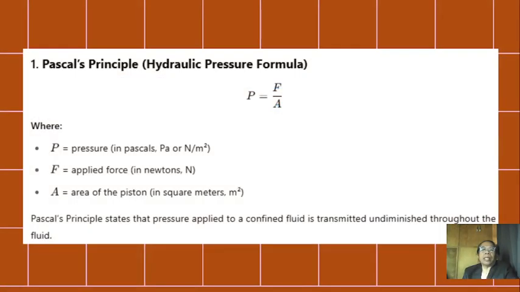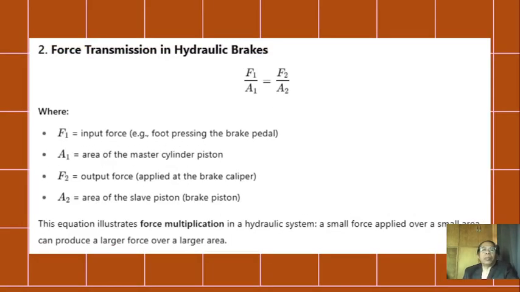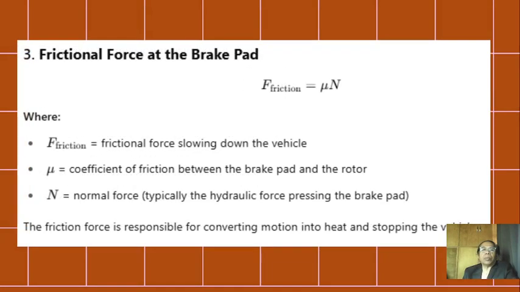Number 1, Pascal's principle: P equals F over A. That's the basic pressure formula. Number 2, pressure transmission in hydraulic brakes: F1 over A1 is equal to F2 over A2.